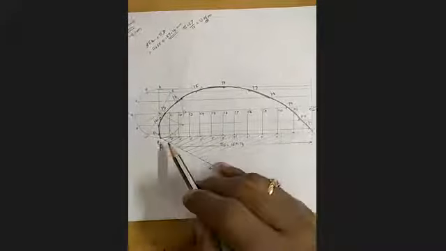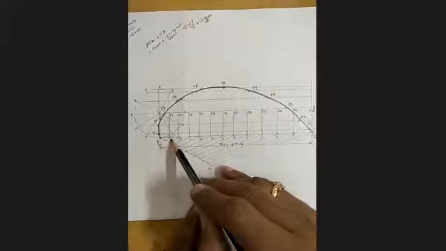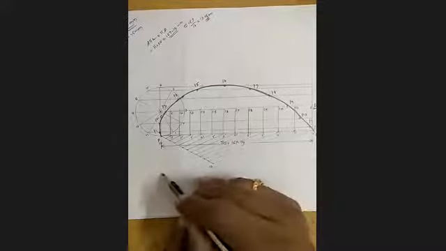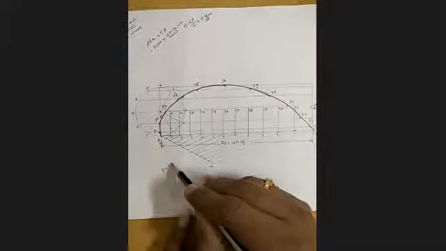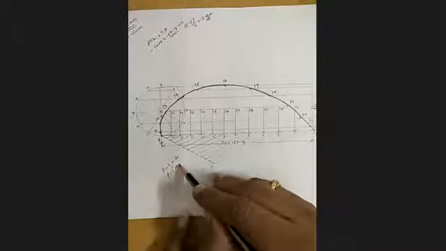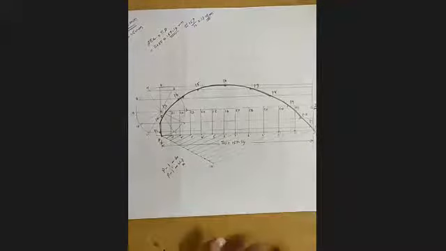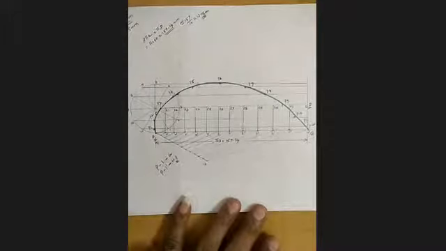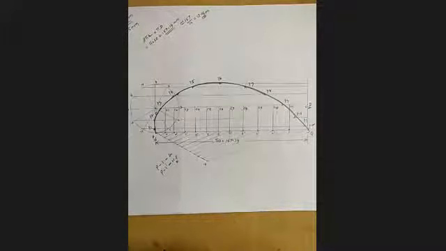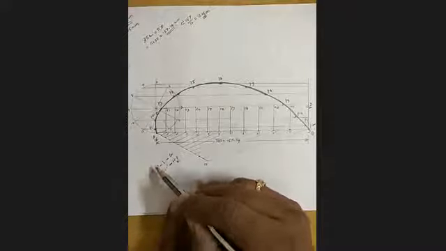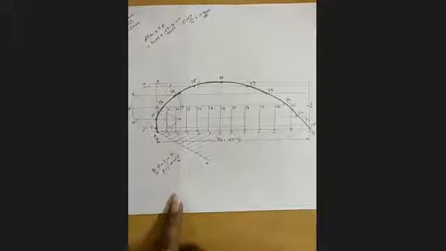Now tell me, what is the relation between P1 dash and P1? Can anyone tell me? What is the relation between P1 on the circle and P1 dash on the horizontal plane? Any relation? P1 is 30 degrees, P and 1.